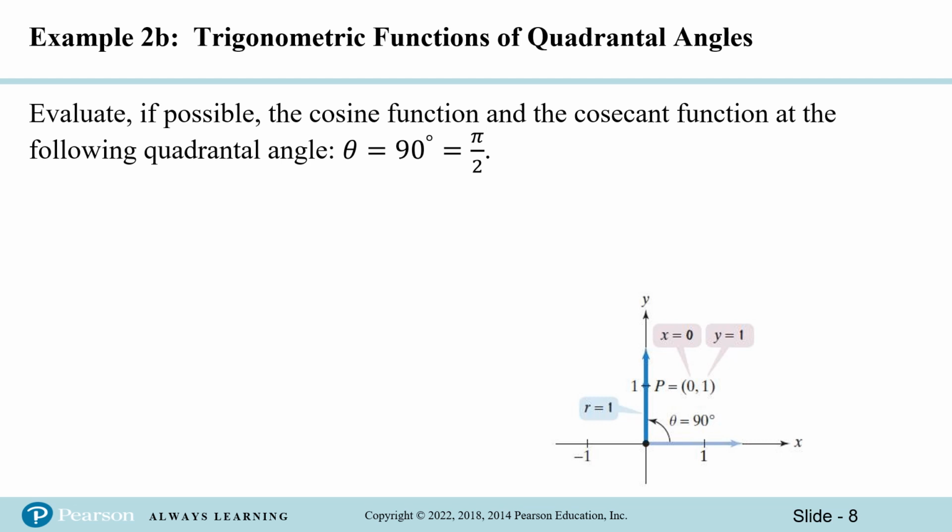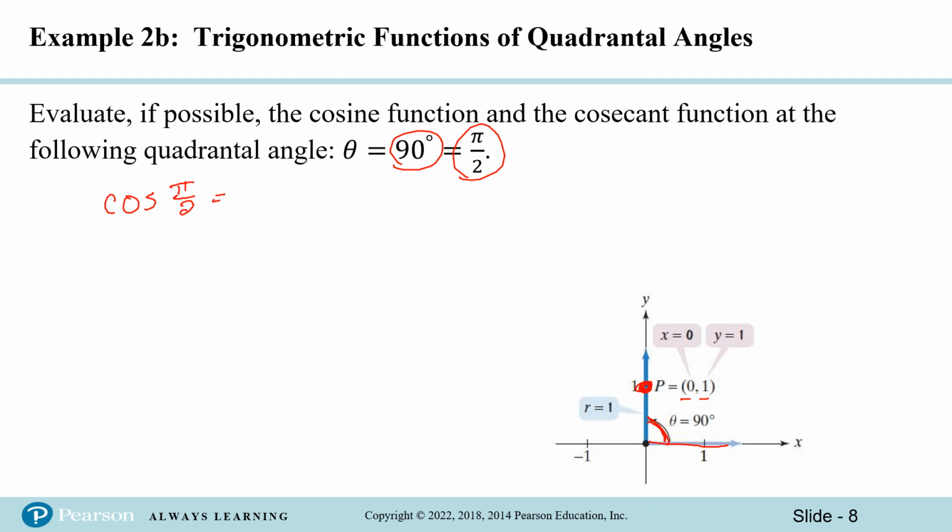Find the cosine and the cosecant for 90 degrees, which is the same as pi over 2. You really need to know that. So the cosine of pi over 2. So now we're here, right? Here's my angle. So now we have an x of 0 and a y of 1.